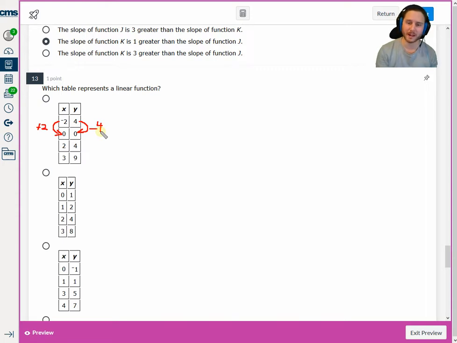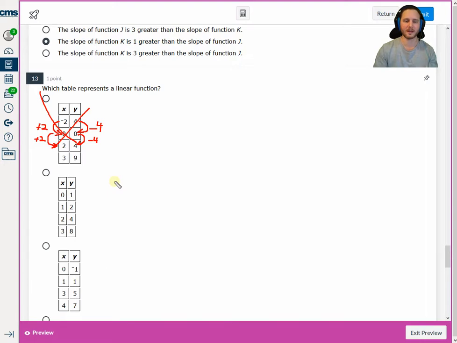If that changes at any point, then it's not an answer. So we have +2 and -4. So 2 to -4, that's my ratio. So let's see if that keeps up. 0 to 2. Yep, that still maintains +2. 0 to +4. Did we subtract 4? We did not. So this is not a linear function. This one is out.